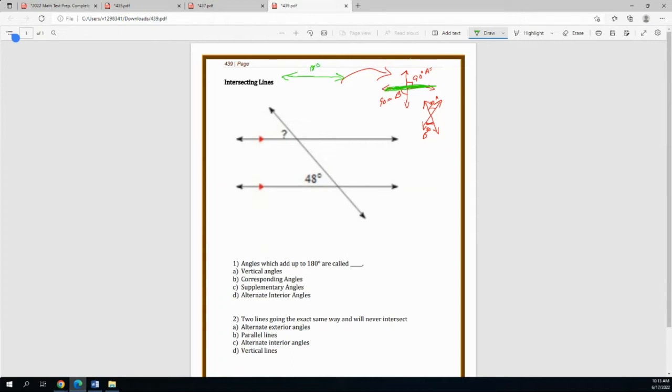If that's true, and this angle here is 90 degrees, then what would be the angle over here? If they have to be 180 degrees together, then it would also be 90, because 90 and 90 make 180.